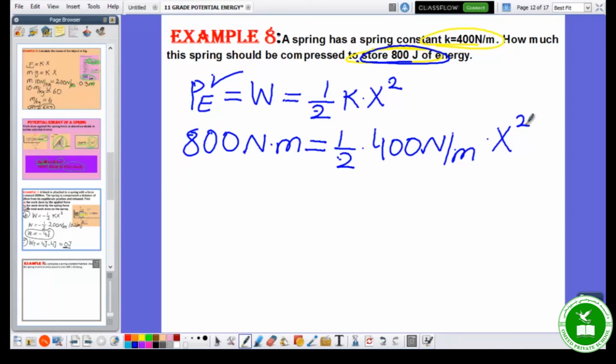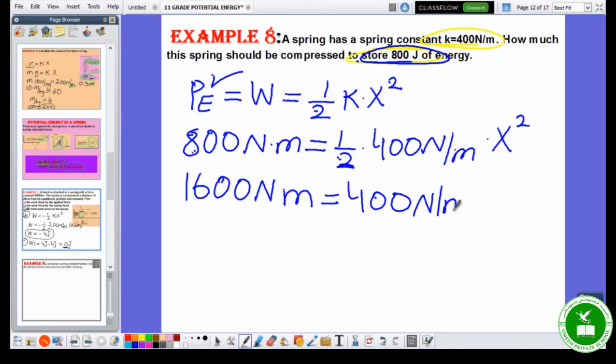From here let's do cross multiplication. 2 times 800 will be 1600 Newton meter, equal to 400 Newton per meter into x square.